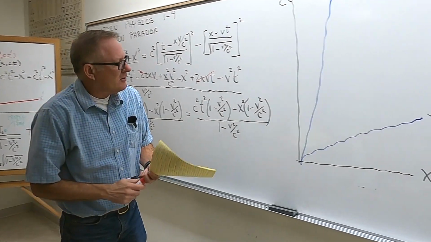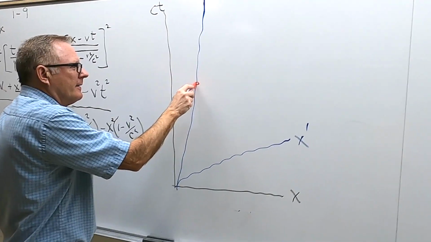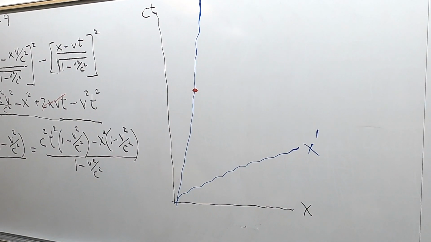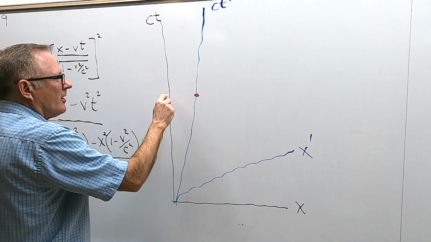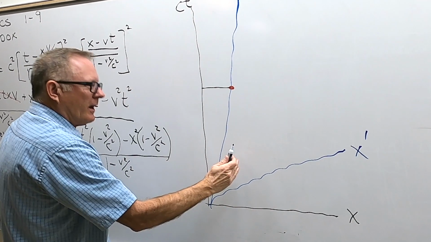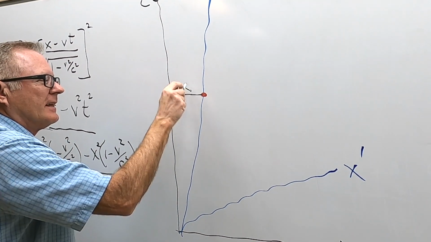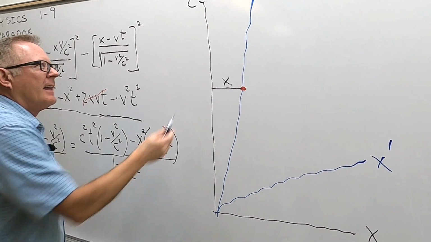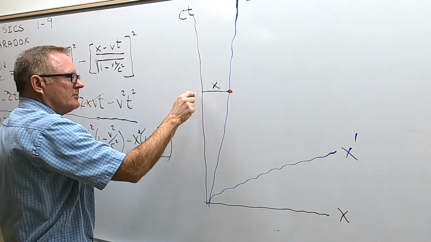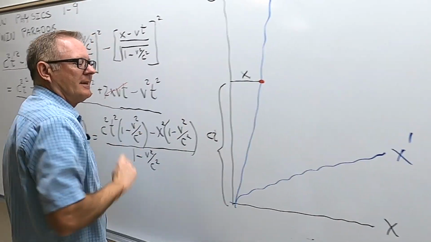Now if we look at a point here, this distance across, Frank would say, that's x away, because these are different values of x on the black coordinate system. And this distance up to here is ct.